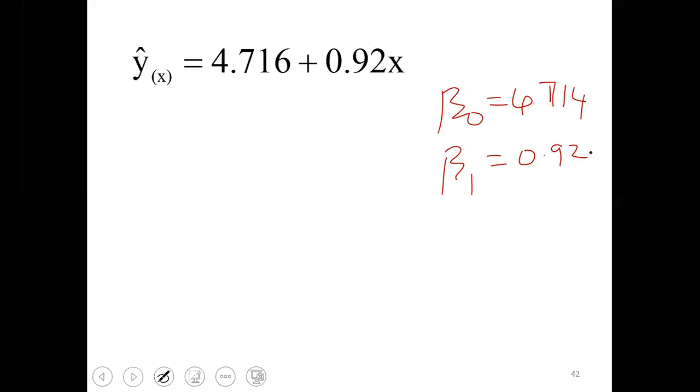Right. Now can you interpret this? X is in months, y is in kilograms. Can somebody interpret those two values?